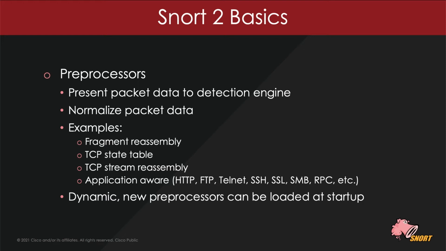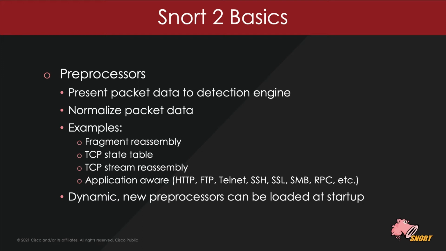One of the things that the HTTP inspect preprocessor does is it takes all those encodings, and there's probably 12 or 14 different types of encoding that you can do in an HTTP URI, and it reverts that back to the ASCII equivalent. So the rule writer doesn't have to anticipate all the different ways a particular URI that he's looking for could be encoded. He just has to use the ASCII URI, and the HTTP preprocessor will revert whatever encoding is present back to that. So again, it helps prevent those evasions.